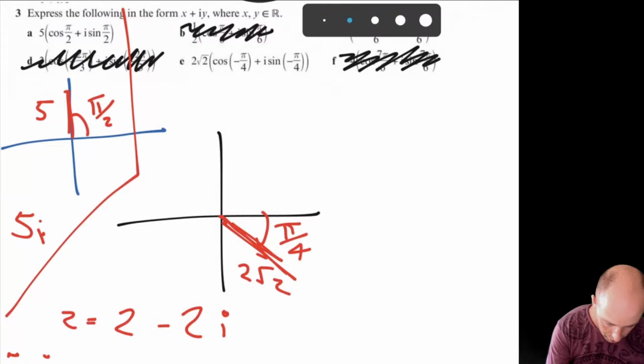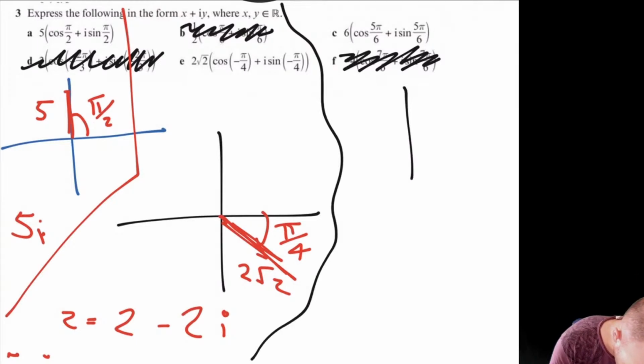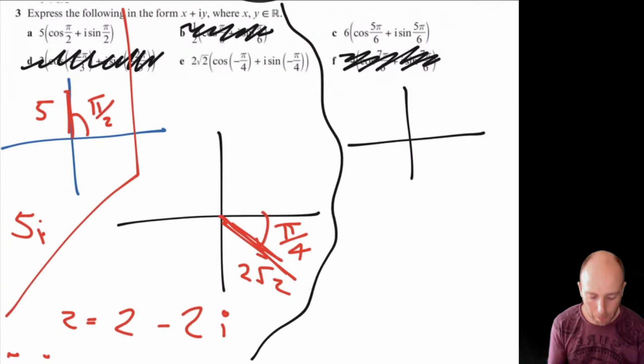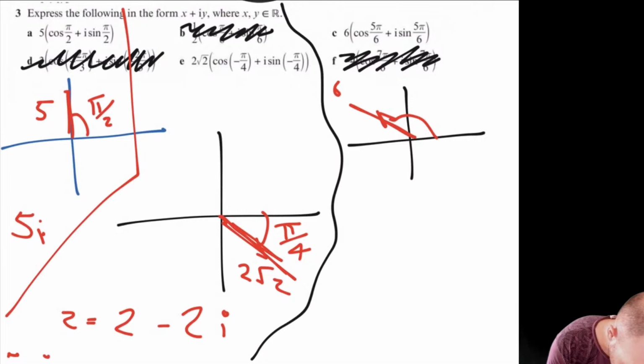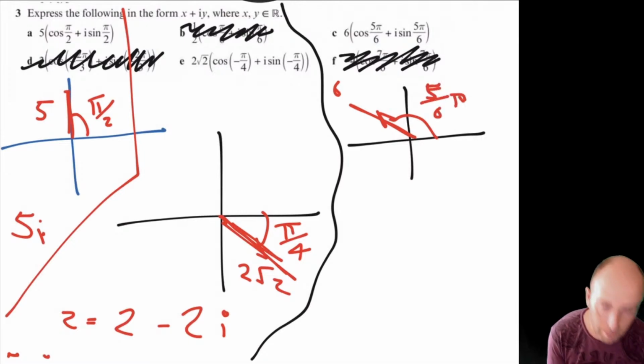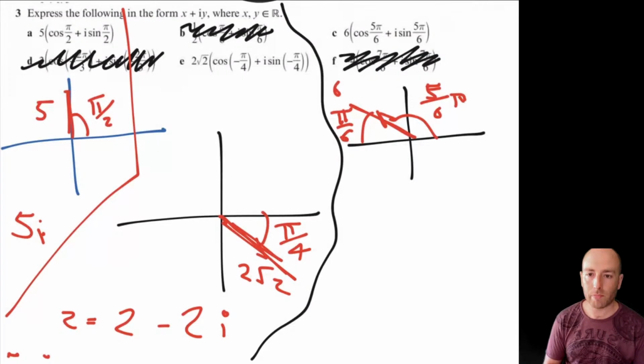And the last one there, again, let's draw it. The angle is 5 over 6 pi, so that sounds like it's going to be pointing up this way. So that's 5 over 6 pi. So I know the other bit here is 1/6 pi. There's a couple of ways you could do this.